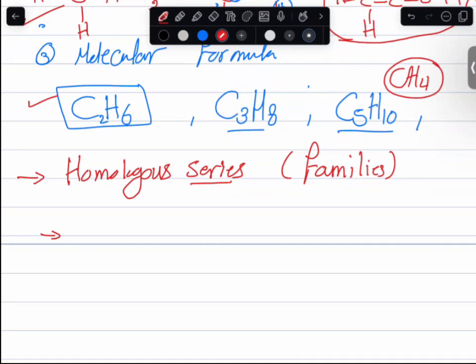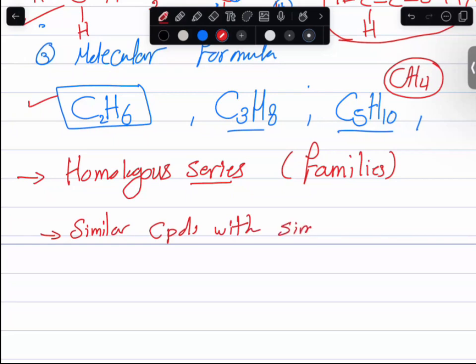The difference is that all the members of a homologous series are similar compounds with similar chemical properties. They are similar, not the same.